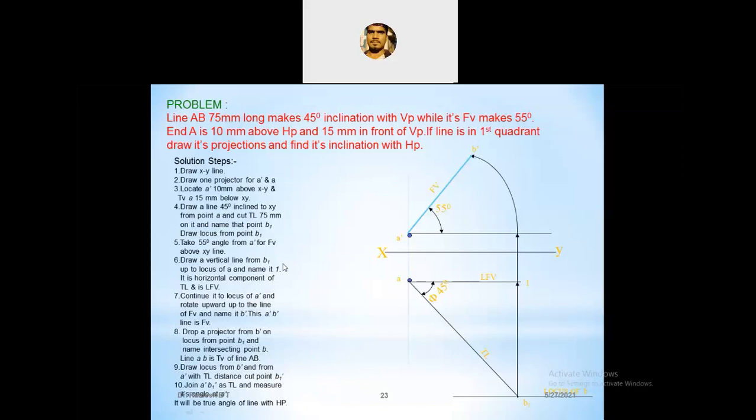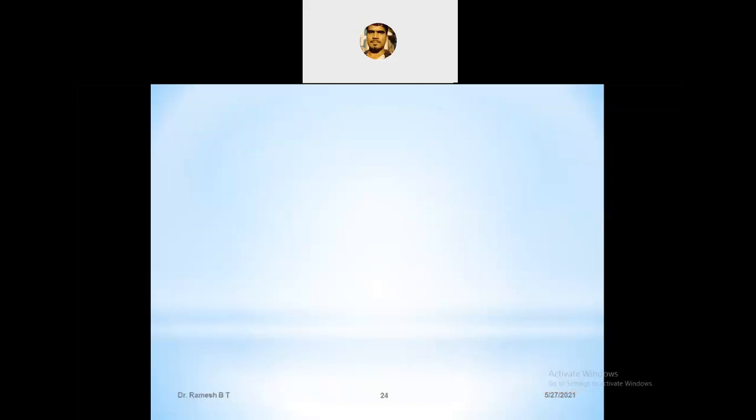Then for that front view, either you can go with an end projector or else go with the same procedure, no problem. You take the true length from the top view and make that true length in the front view by directly cutting it. Clear?